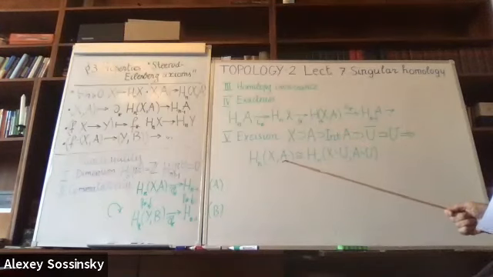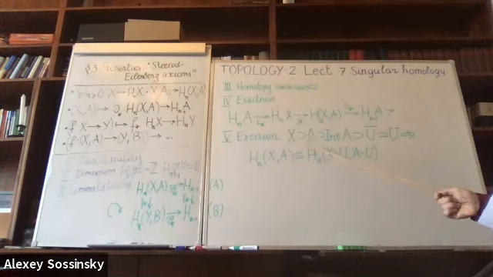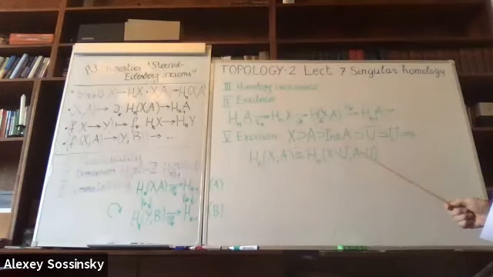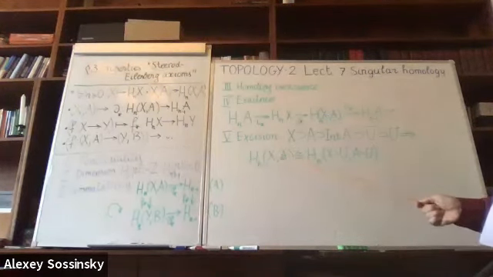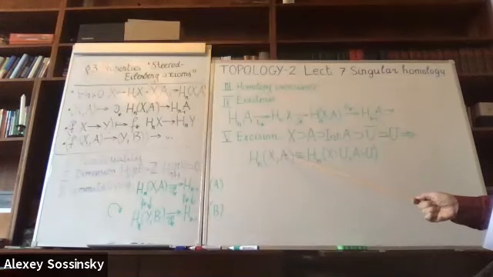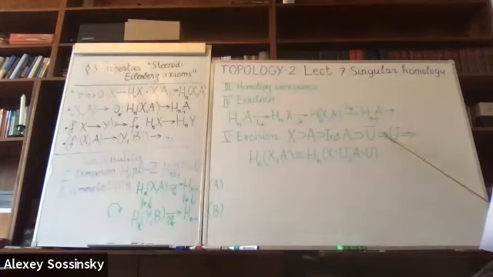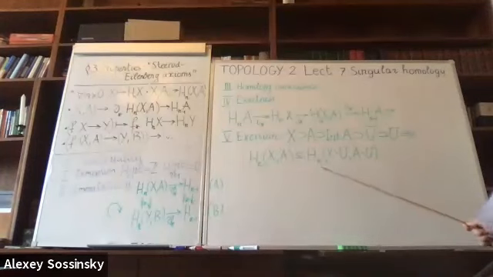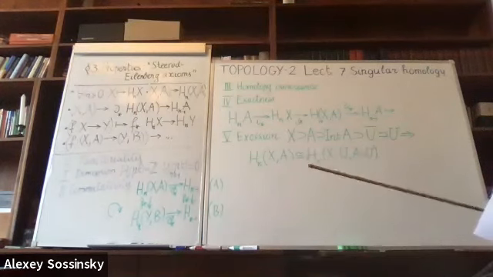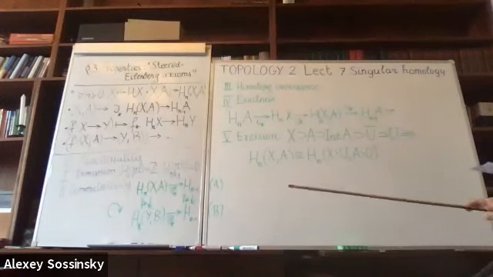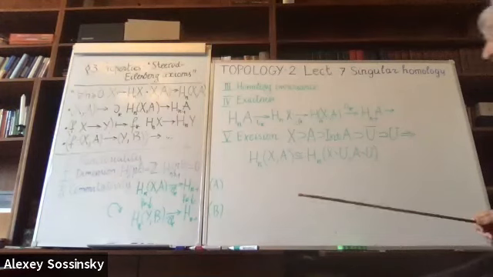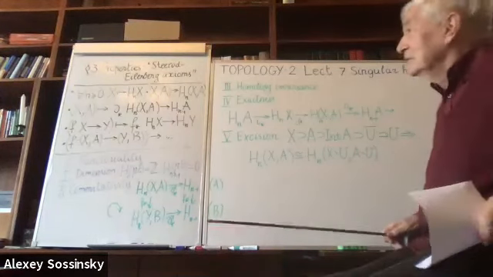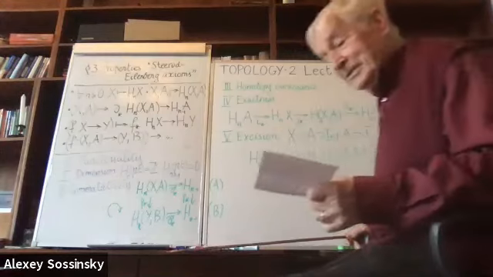And we have the excision property, which says that if we throw out something which is very much inside of A, from X and from A, then we get isomorphic homology groups. So that is all for the properties.